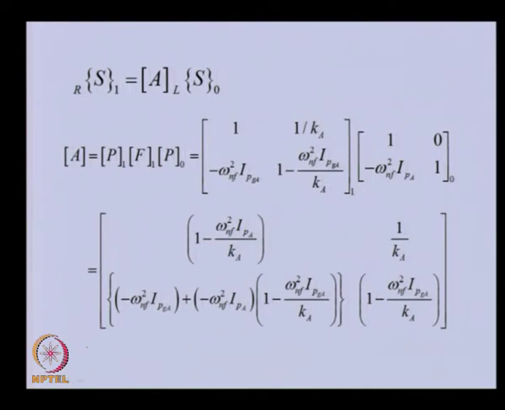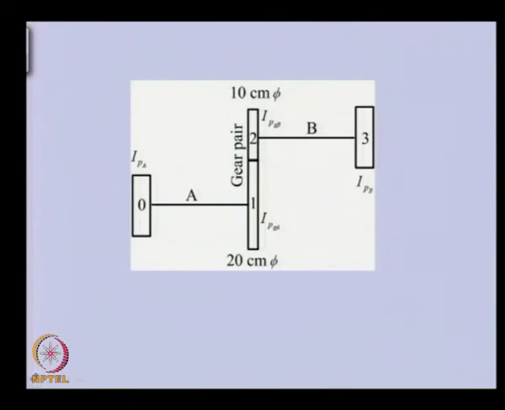now I am writing the transfer matrix. You can see this is for shaft A, this is the zeroth station of shaft A, and this is the right of station one. So, if you see, this is the 0 station of shaft A, this is the 1.